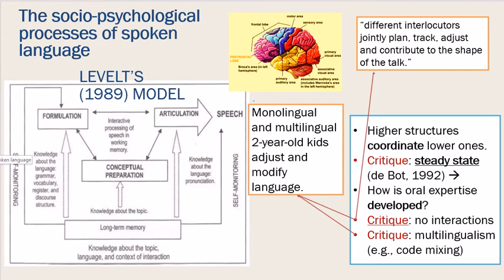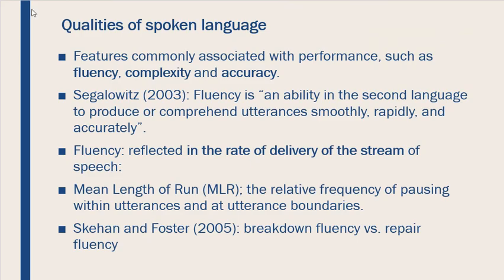Now I want to move on to the qualities of spoken language, and as I mentioned before, there are three qualities that we're talking about here. One is fluency, another is complexity, and last is accuracy. Some people also talk about appropriacy, which is not something that Bygate has talked about.